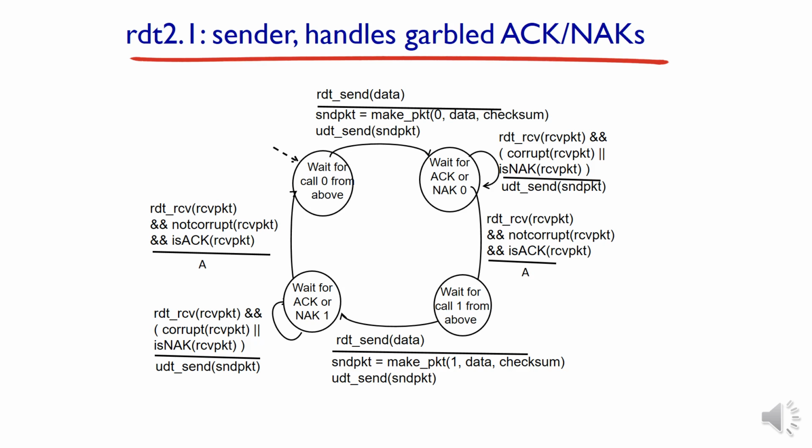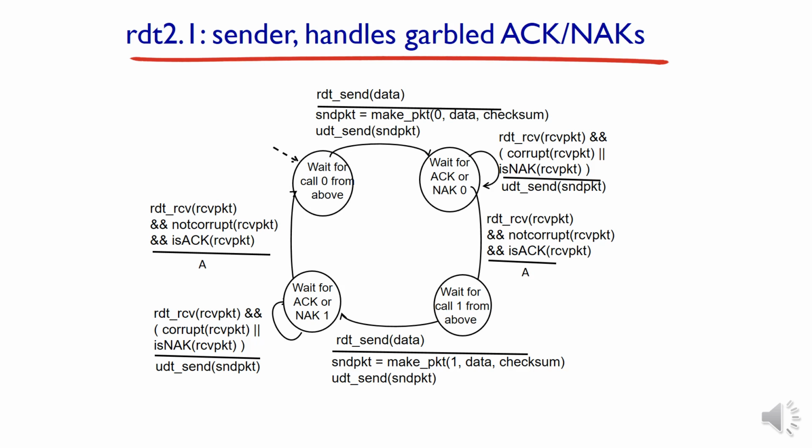This may lead to duplication. That was the issue of 2.0. These two issues are resolved in 2.1 by introducing a sequence number. That is, 2.1 is an extension of RDT 2.0 plus a 1 bit sequence number added to this.